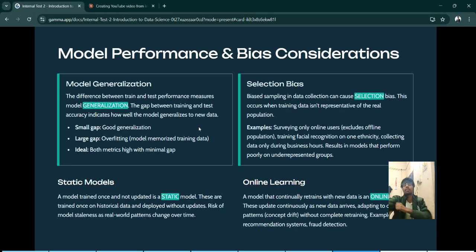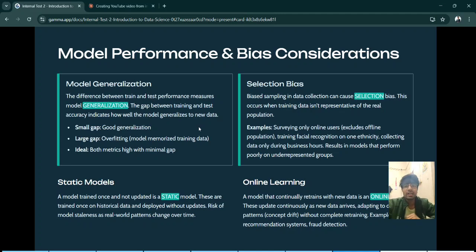So question number 20: normalization typically rescales numeric features to the range blank. So the answer is 0 to 1. Min-max normalization scales all features to the same 0 to 1 range, usually with the formula x minus minimum, divided by maximum minus minimum.